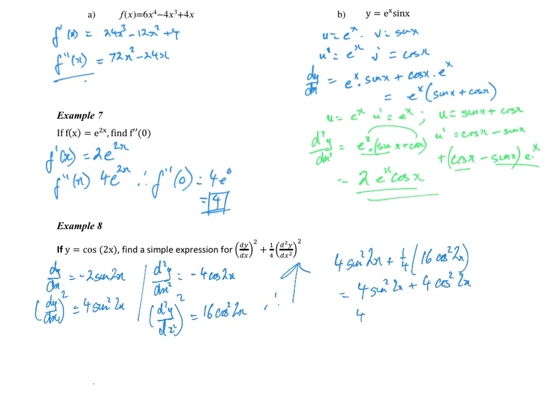Take a 4 out the front. Sine squared 2x plus cos squared 2x equals 1. So we get 4.